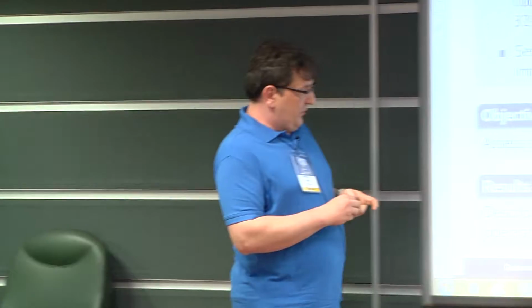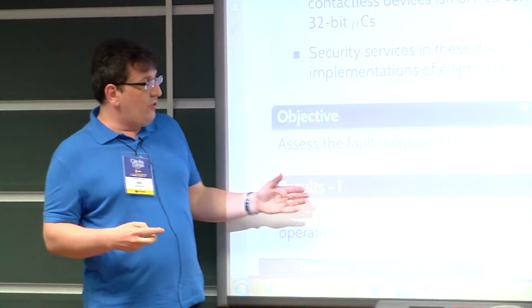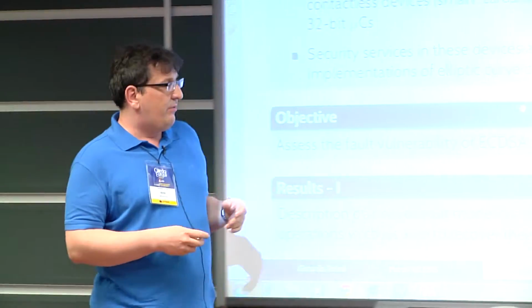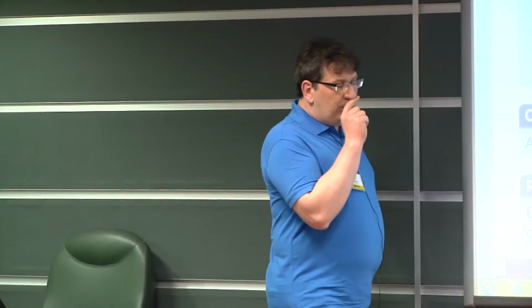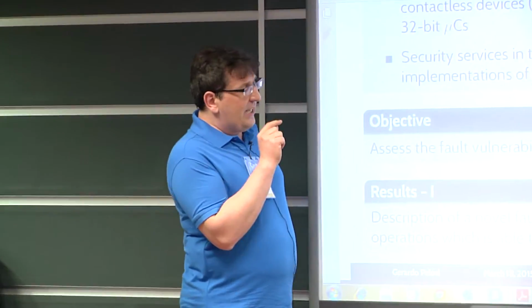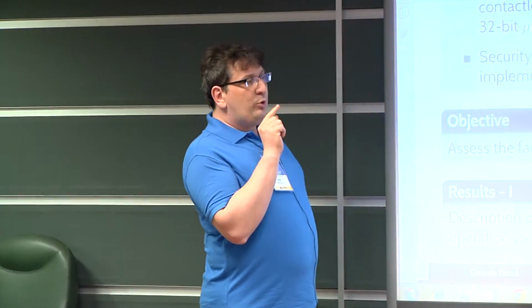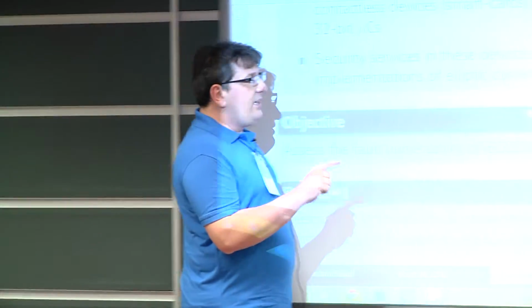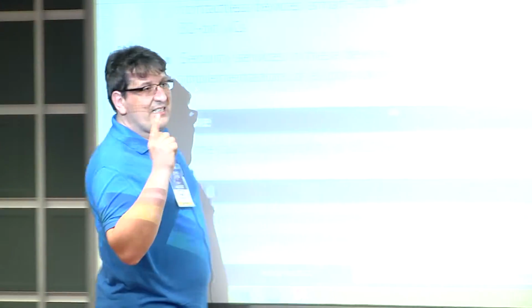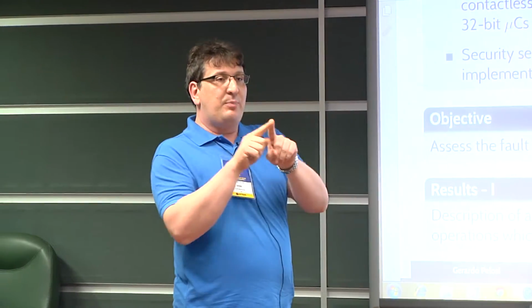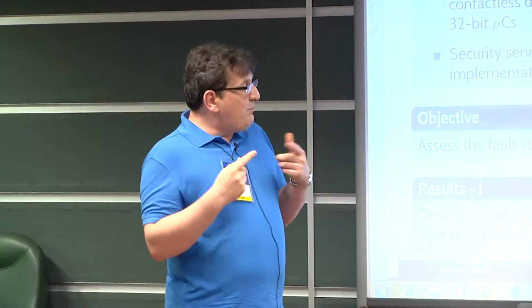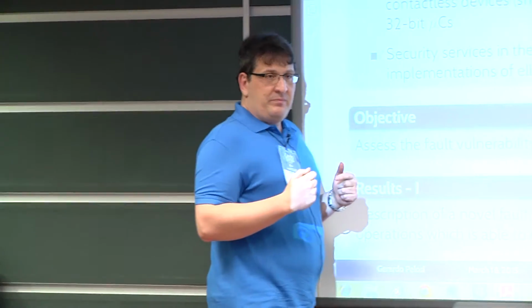The result that we have obtained is that we defined a novel fault model for this signature algorithm. We observed that if you are able to induce an error in the computation of a single digit of a modular multiplication, you can recover the secret key.